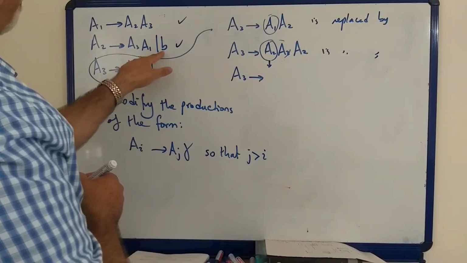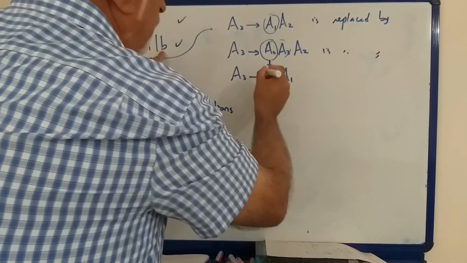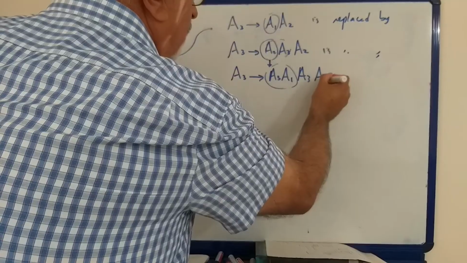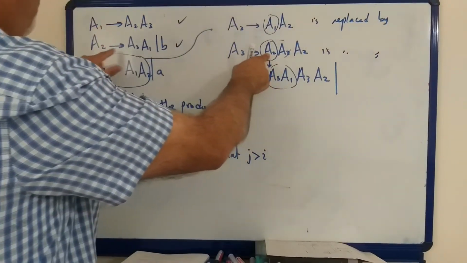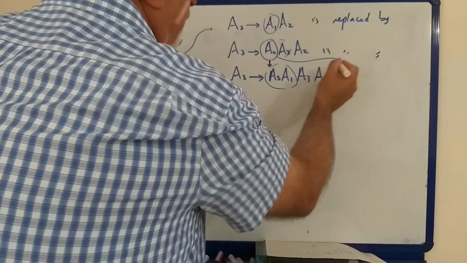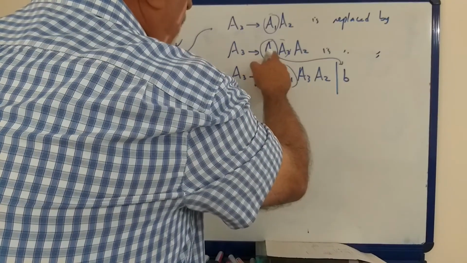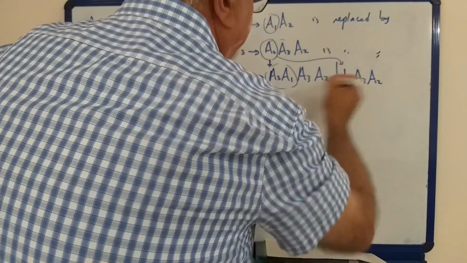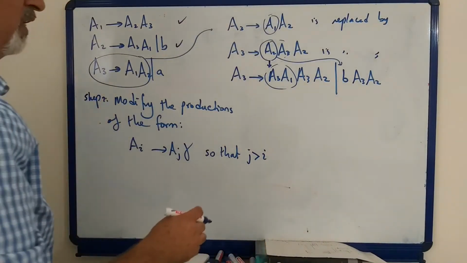I can put A3, A1, or B. So put A3, A1 instead of A2, and I have A3, A2. Or, instead of A2, I can put B. So what will be the remaining? A3, A2. Is it okay? Now step 2 is finished.